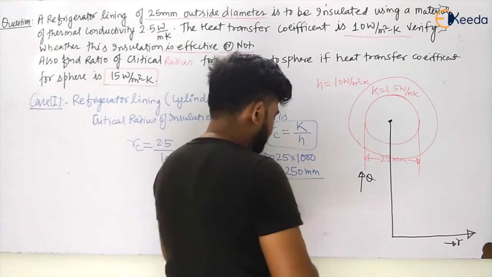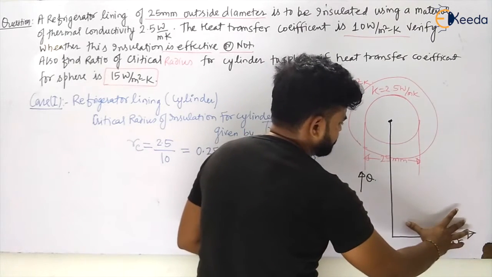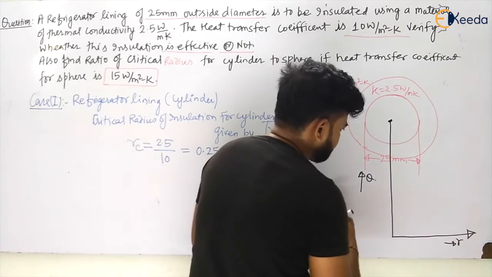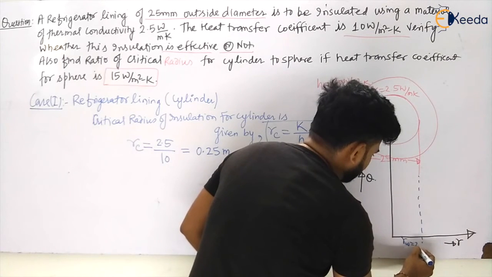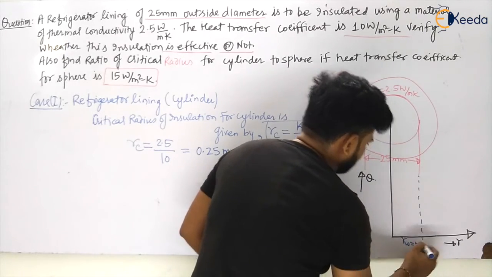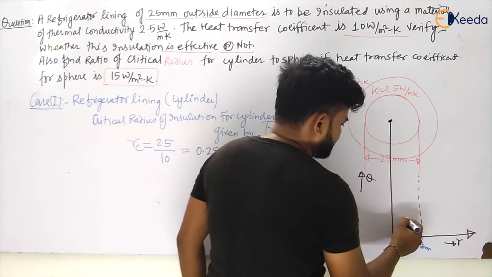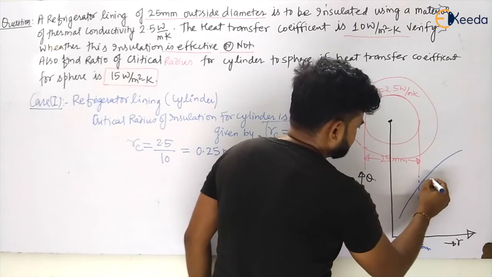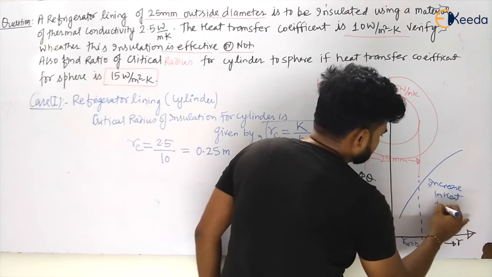They have given the diameter to be 25 millimeter, so the radius of the wire is 12.5 millimeter, because diameter is given. So your wire is here, and in this direction there will be an increase in heat transfer.